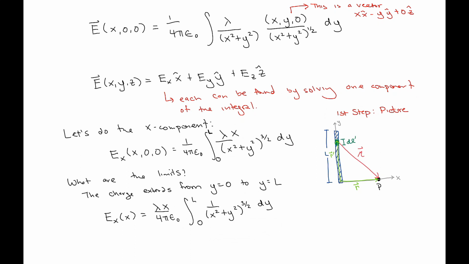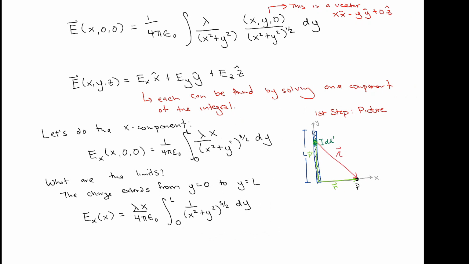Let's say you took the easiest method and you looked up this integral in an integral table. What you got was that the electric field in the x direction is equal to lambda over 4 pi epsilon naught times 1 over x, times y over the square root of x squared plus y squared, and that goes from y equals L to y equals 0.